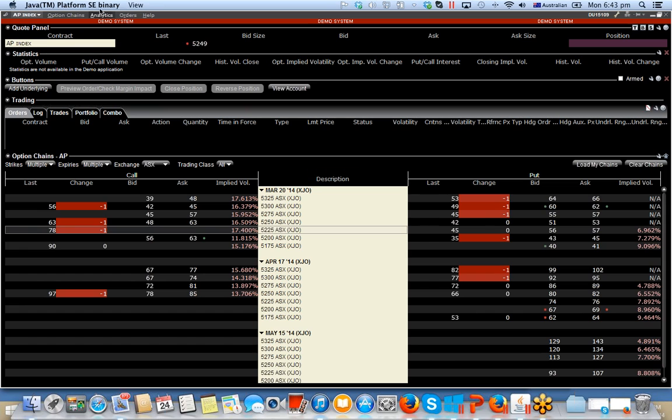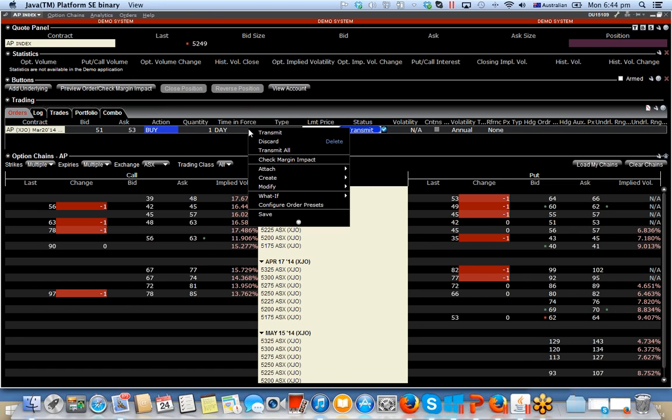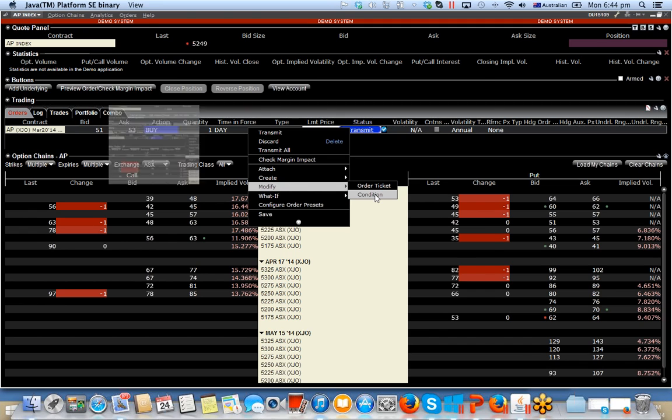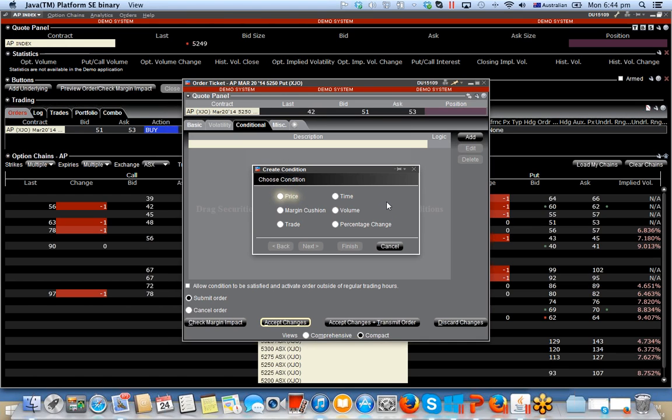Let's just have a look with the AP index and make, for instance, some other conditions. So again, we would like to work with some, for instance, puts, and we create the line, and then we right click on the line, and then we can go and modify condition, and then we create a new condition, and the condition, for instance, can be a percentage change.